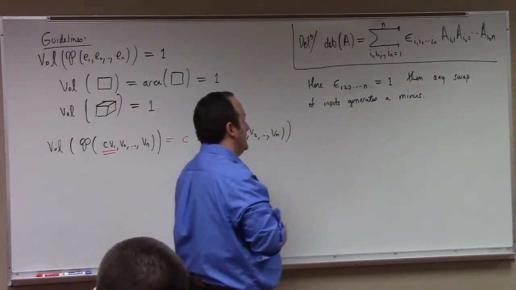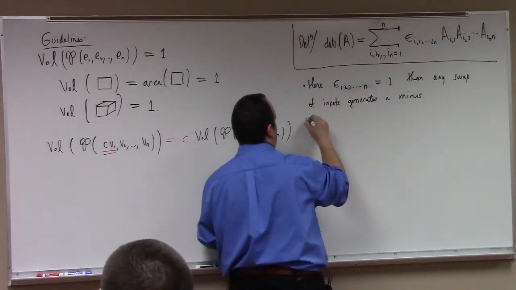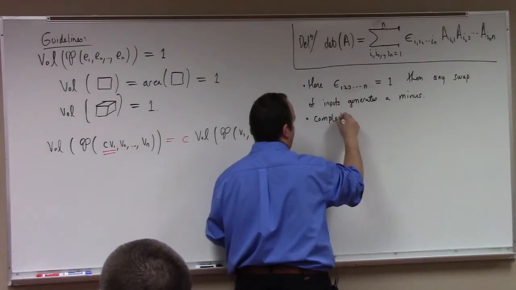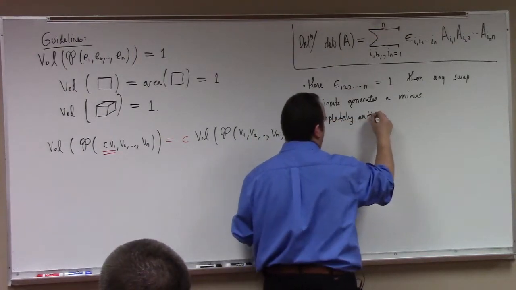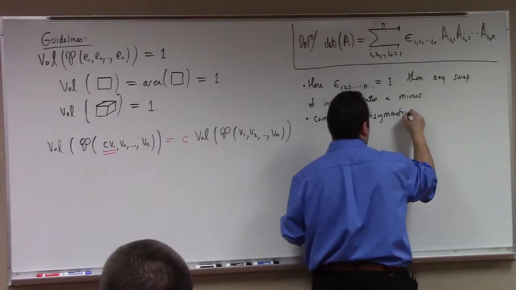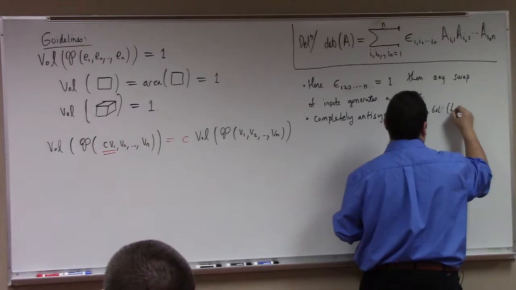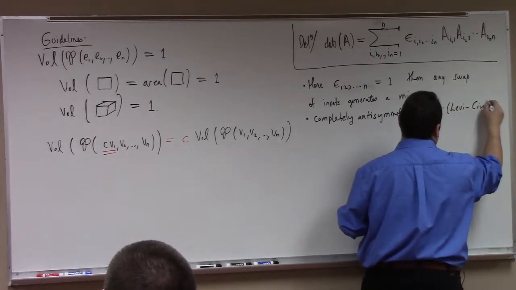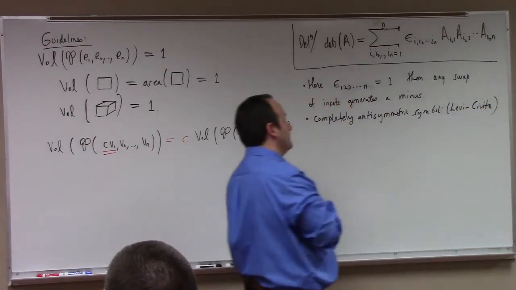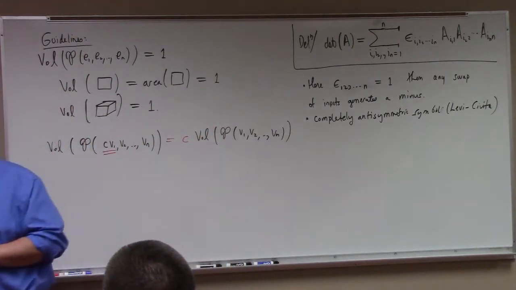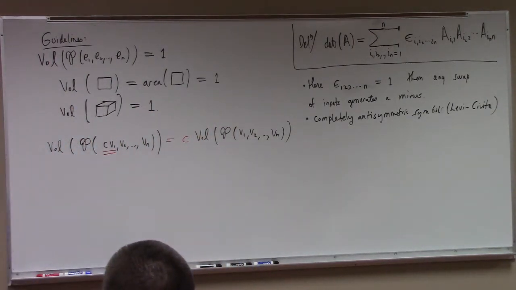So it's also called the so-called completely antisymmetric symbol, or sometimes called the Levi-Civita symbol. One of the things that means is if there's any repeat here, the Levi-Civita symbol is 0. So if I have epsilon 1,1, whatever, that's 0.